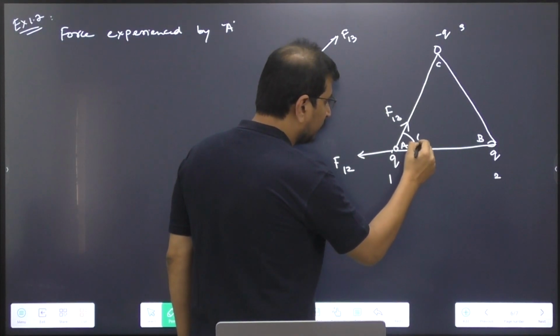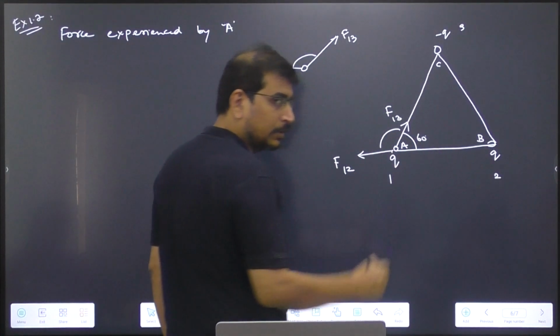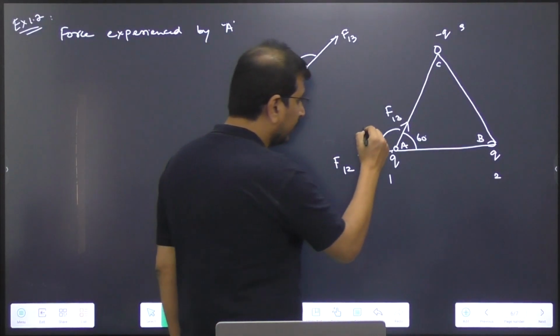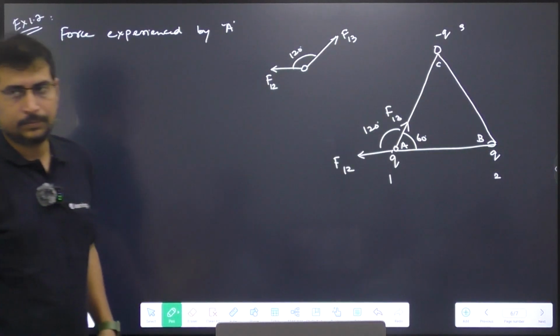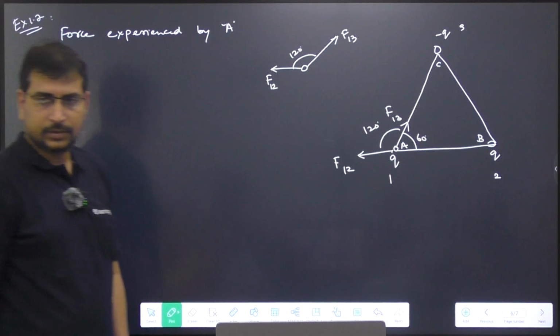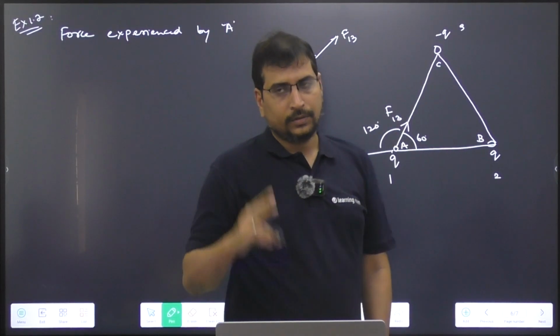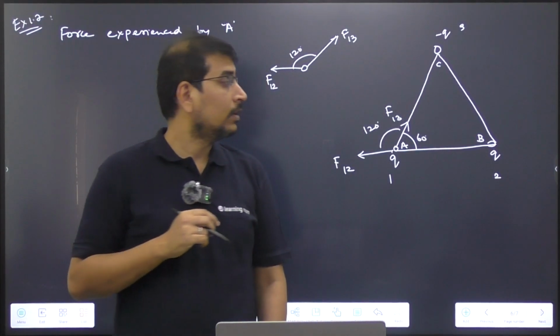So this is 60, so this is a linear pair, it is going to be 120. So it is going to be 120 degrees. Am I clear till this step?